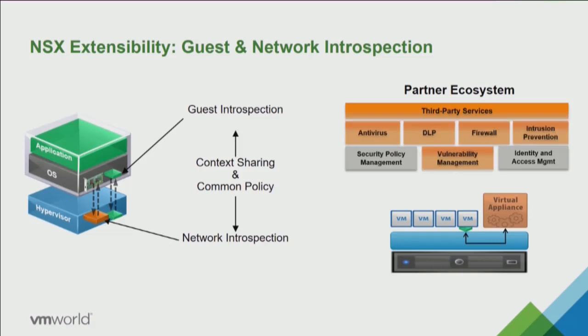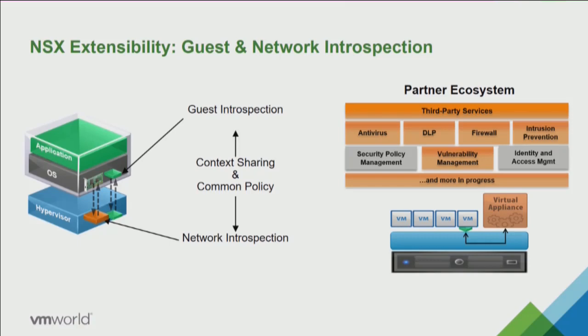Now, once a partner integrates with NSX, we have a certification process. That means we take the partner integration, put it through a testing process, certify it, and then it shows up in what we call the VMware Compatibility Guide. If you look at the network and security section of the VMware Compatibility Guide, you will see a list of partners.